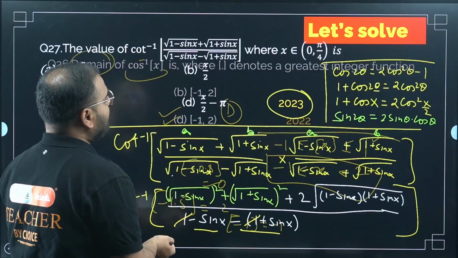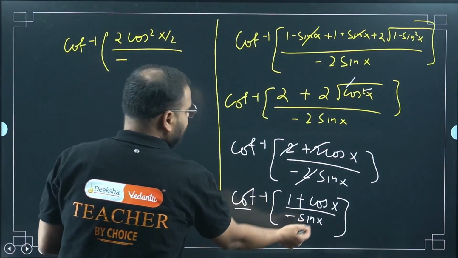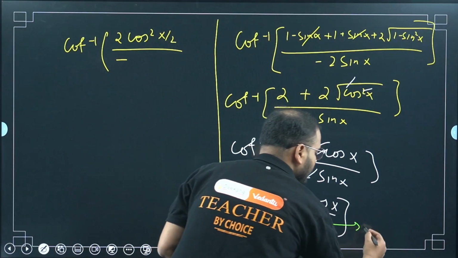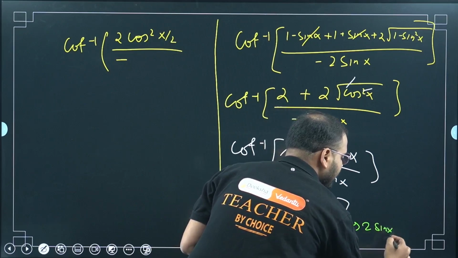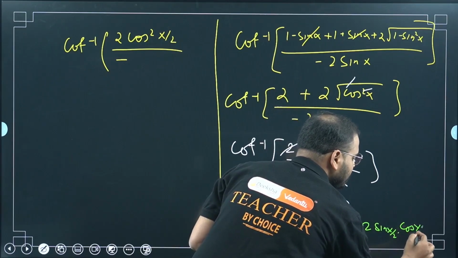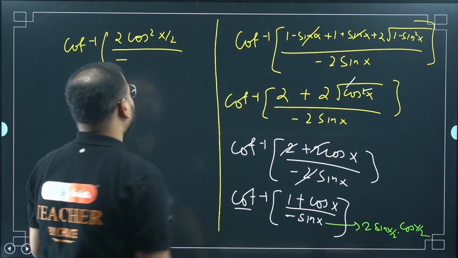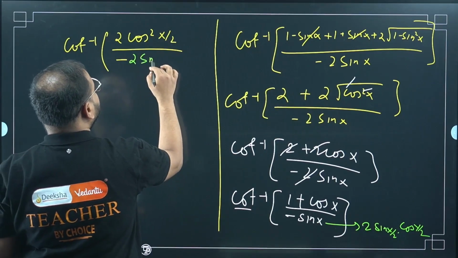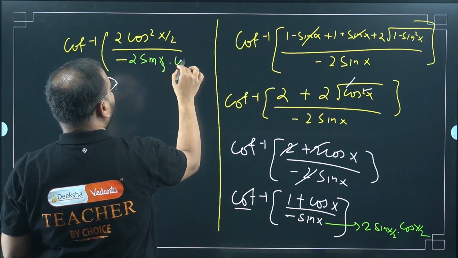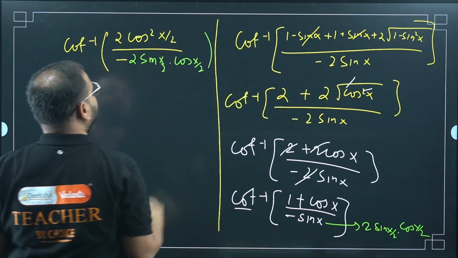So if I go here, I write this sin x as 2 sin x by 2 cos x by 2. Yes or no? So this will become 2 sin x by 2 cos x by 2.